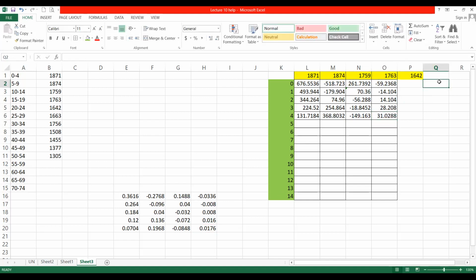Okay, then I'm going to take the summation of these. So these are the answers you should have for the 0 to 4 group.